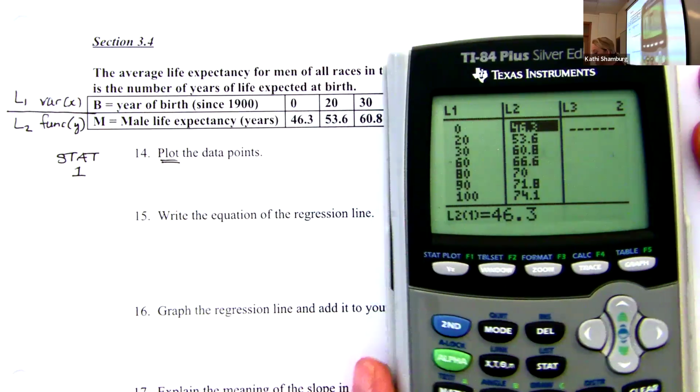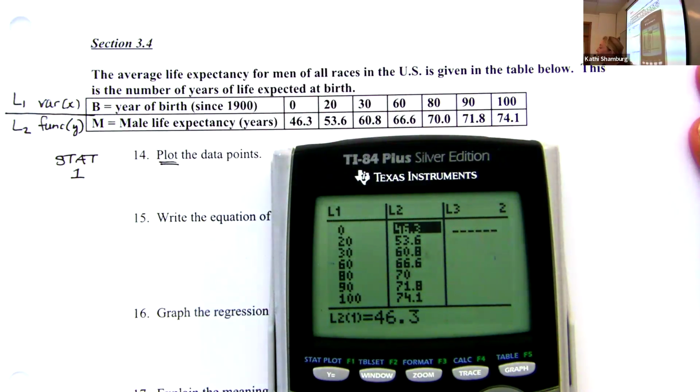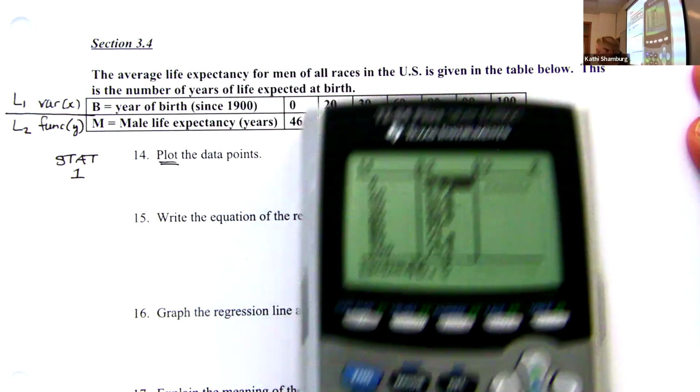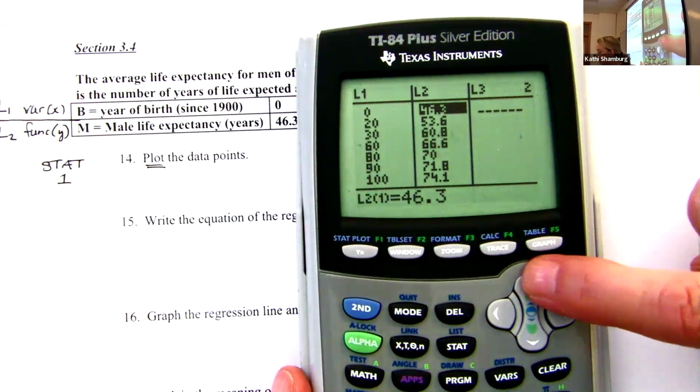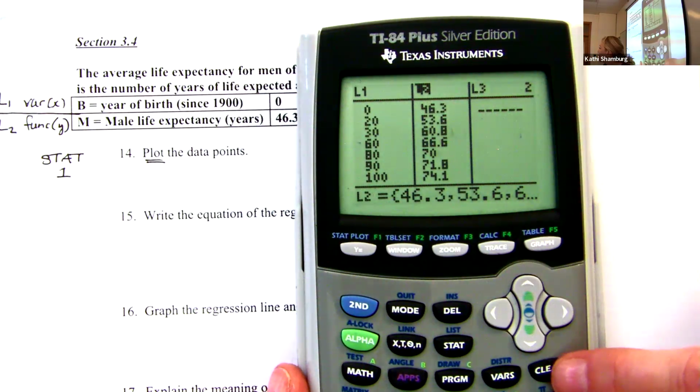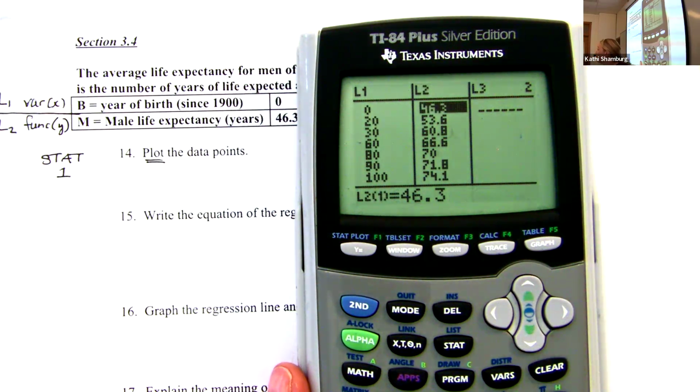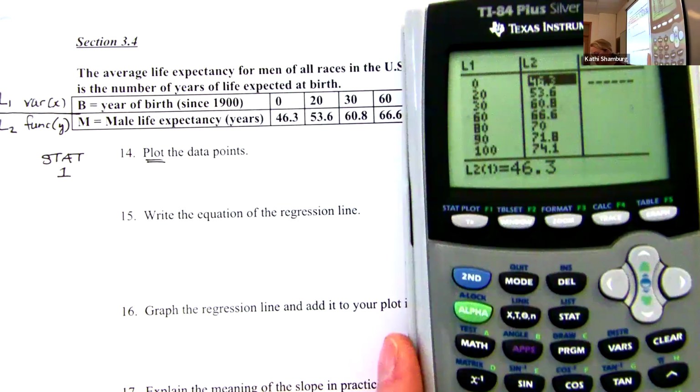mine are already in there. If you have numbers that are in there, don't forget, just highlight the list and push clear and then down arrow. I'm not gonna do that. Don't hit delete though, hit clear. So enter these numbers.